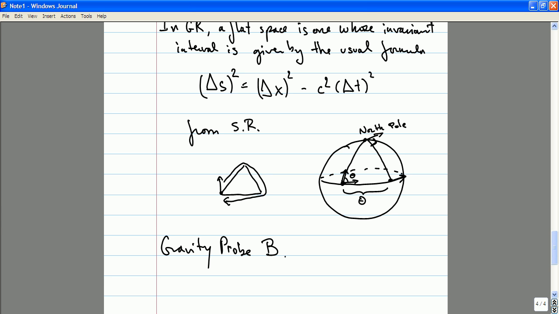Okay, so it's unclear. Basically, the upshot of the experiment is that they agreed with general relativity, but if they hadn't agreed with general relativity, people probably would have said that the experiment just was messed up, not that GR was wrong. Okay, but that's apropos of nothing.